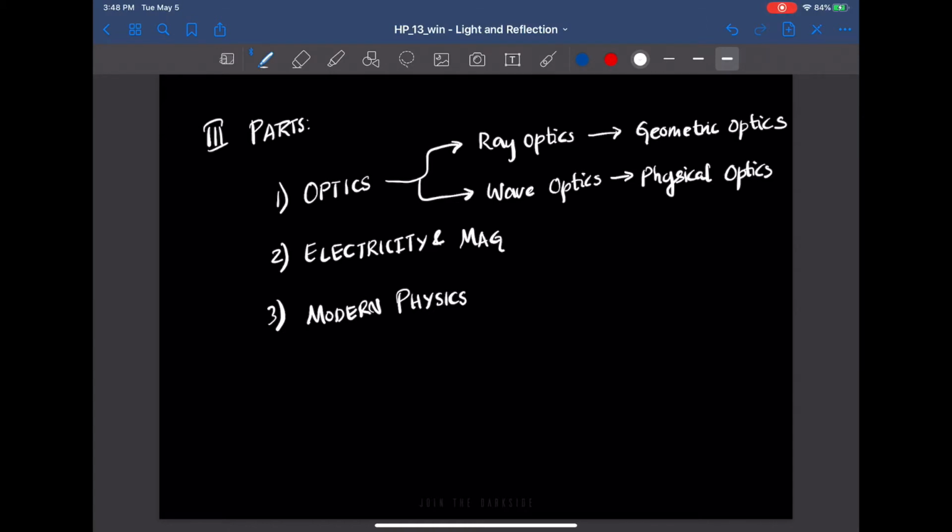In electricity and magnetism, we're going to discuss two parts again. We'll talk about electrostatics and we'll talk about electricity in general, current or electrodynamics.